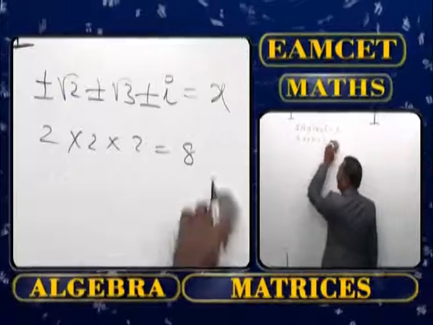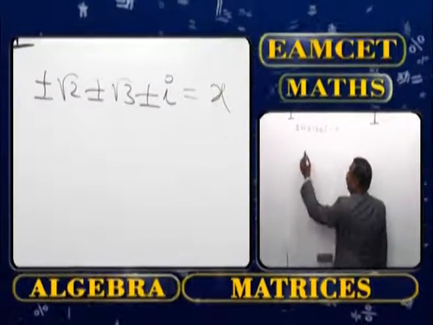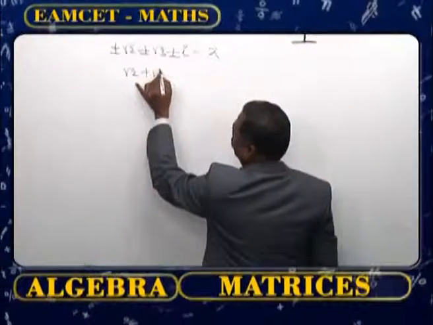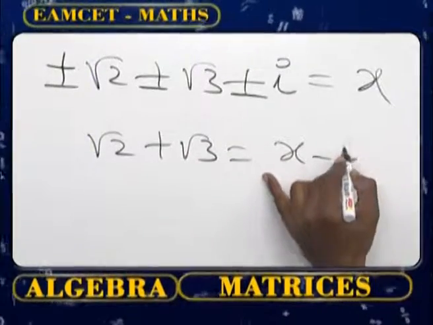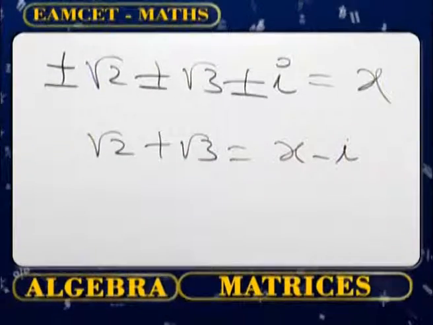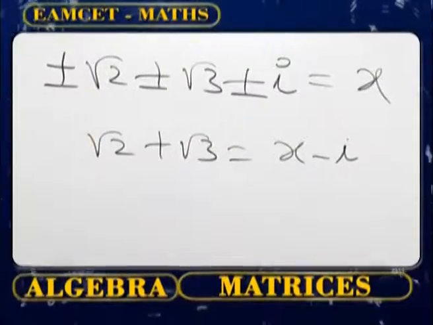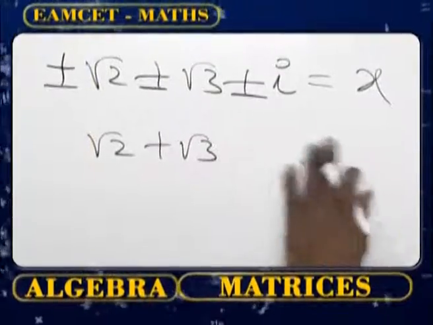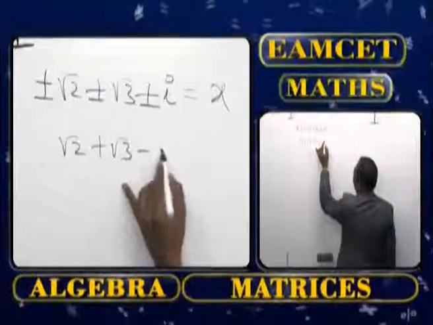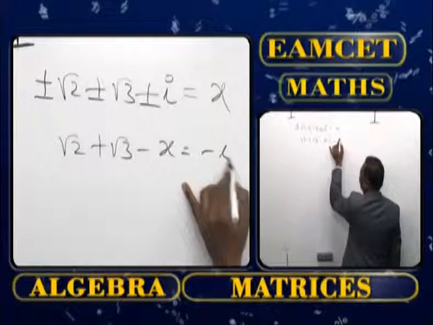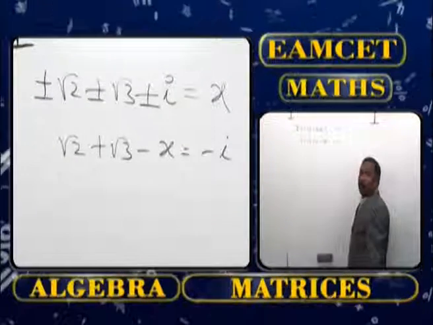So briefly, I'll explain how to do that. Now, root 2 plus root 3 is equal to x minus i. Otherwise, you take that i only on one side and write it this way: minus x is equal to minus i. Then what happens?